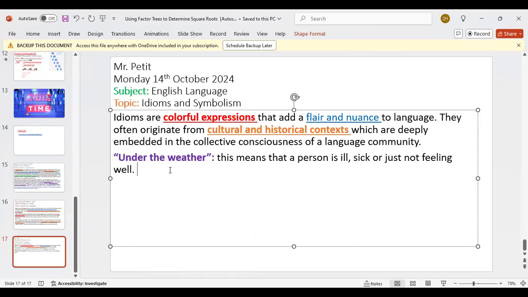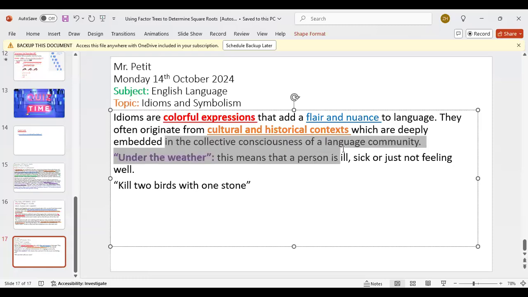All right, let me give you another example. Kill two birds, finish it for me. Kill two birds with one stone. That's why I'd say it's deeply embedded in the collective consciousness of the community.